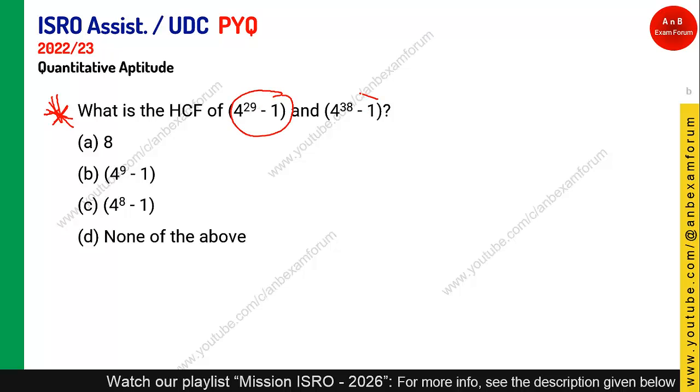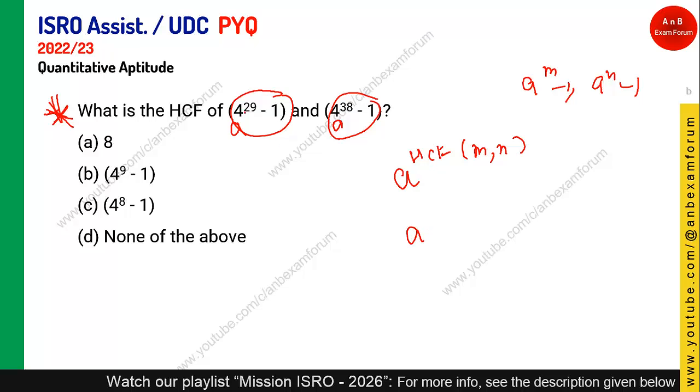the HCF of these types of numbers, like I will make it, if 4 is A, A power M minus 1 and A power N minus 1, the HCF is what? It is A power HCF of M and N, minus 1.